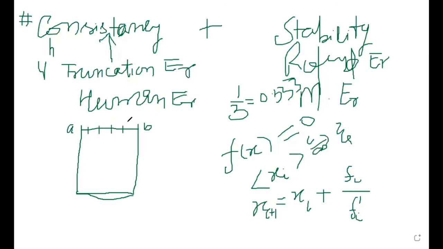Now, what is y(x)? y(x) is a function which is defined on an interval A to B. Basically, we are approximating this continuous function y by a discrete function. Am I right?